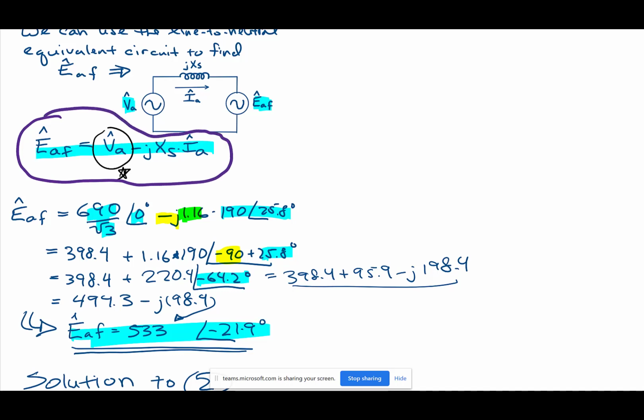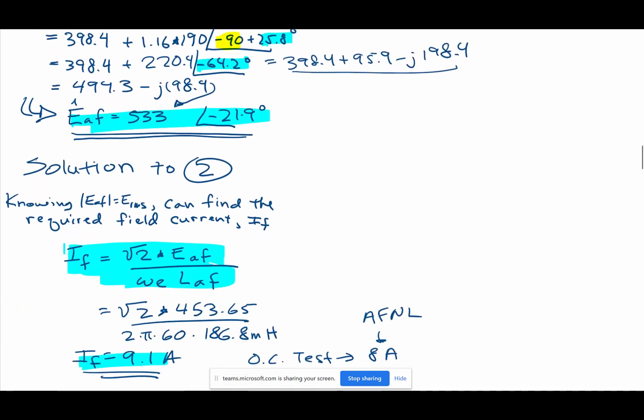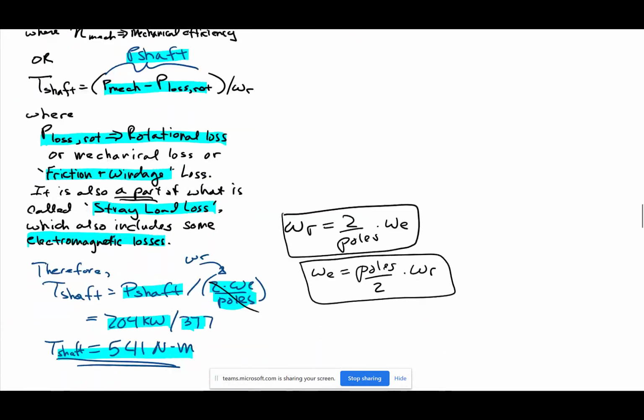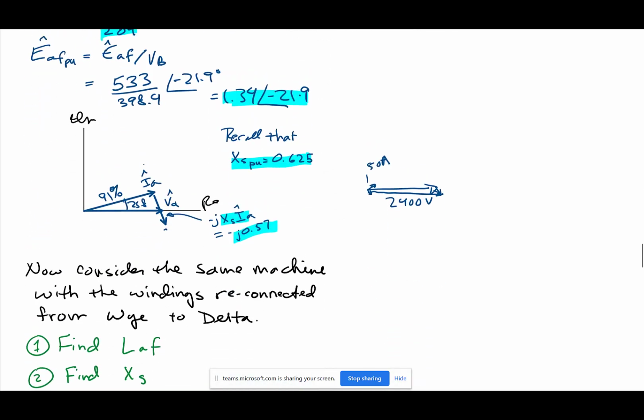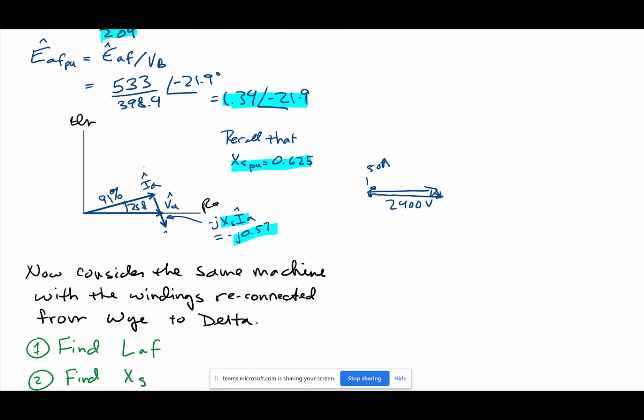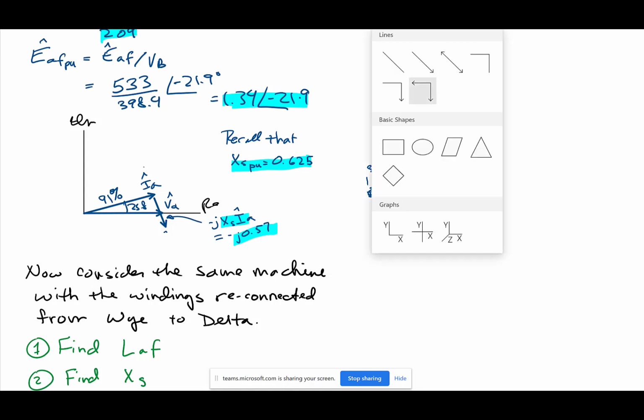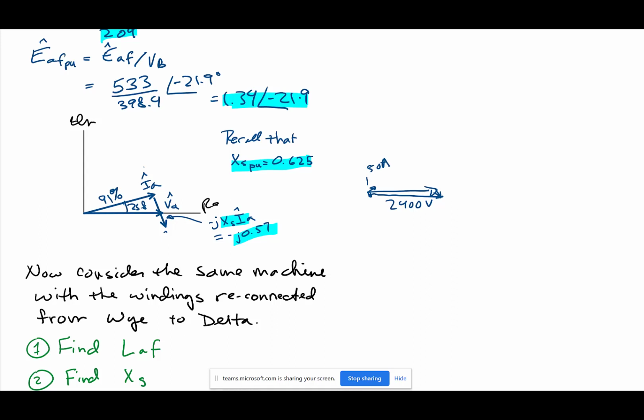So we have a vector addition, the minus j. We have to shift the current by negative 90 degrees and scale it. And we get it right here. I'm guessing this angle is 25.8.